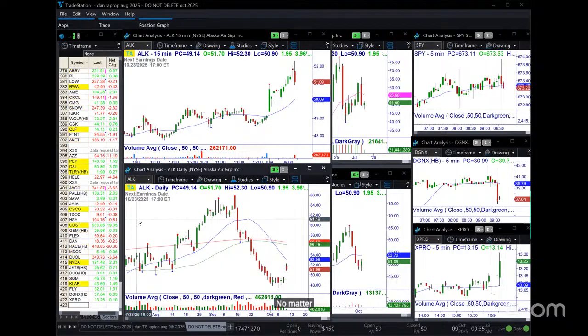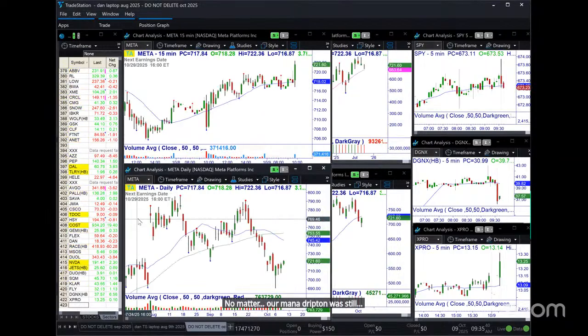Our meta's ripping. We're still ripping on the 15 here. Let's see if we met our target on the put spread. We got 690, 685, 13. Oh yeah, we should have been filled there.